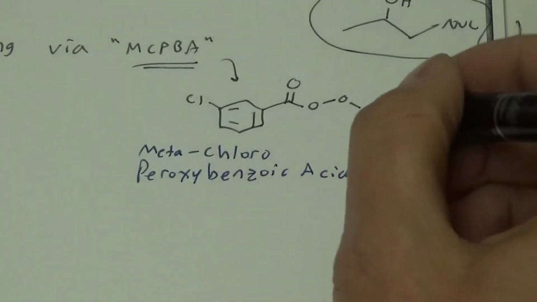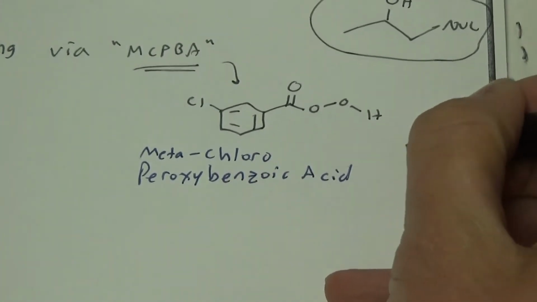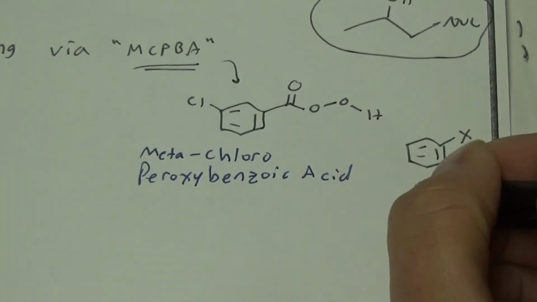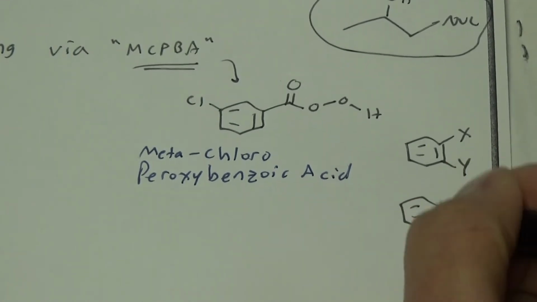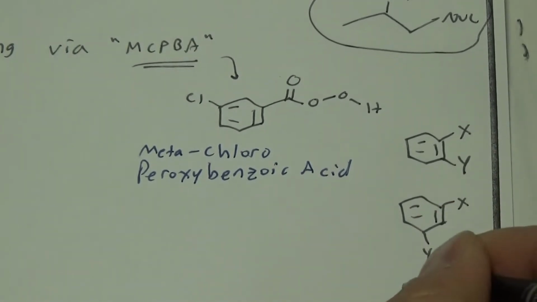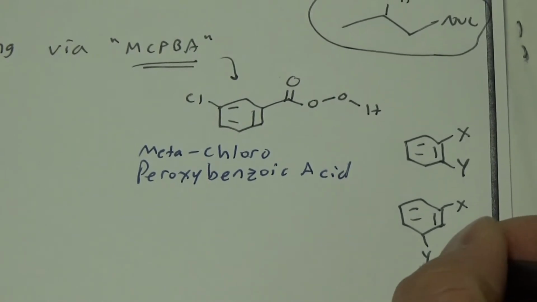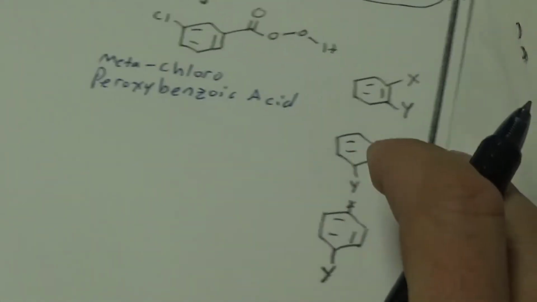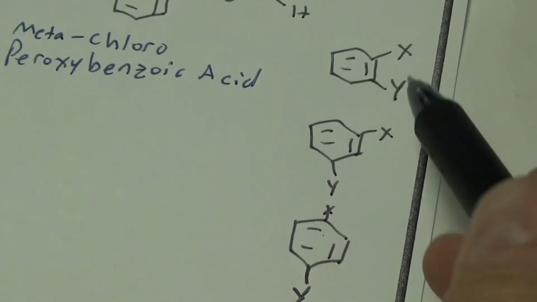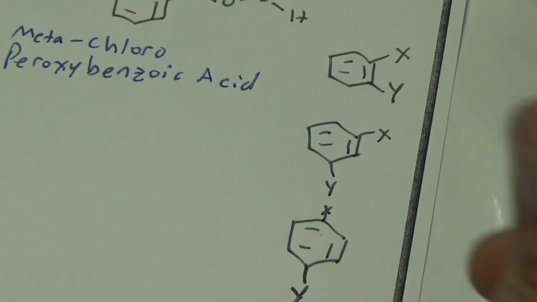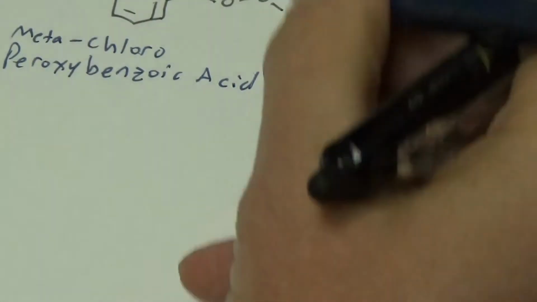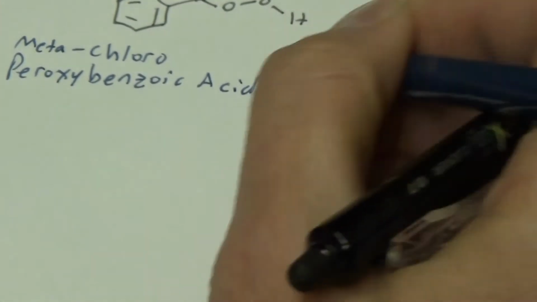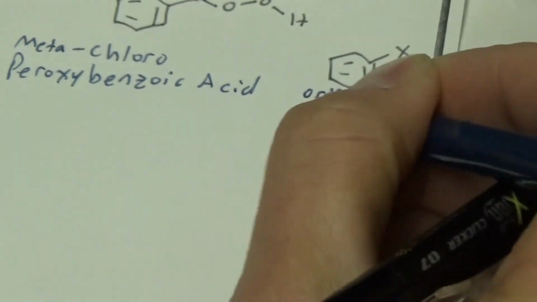In the benzene chapter, which is actually Organic 2, we talk about different kinds of benzenes where you have X and Y. If you have two different things on a benzene, this is called ortho, this is called meta, and this is called para.